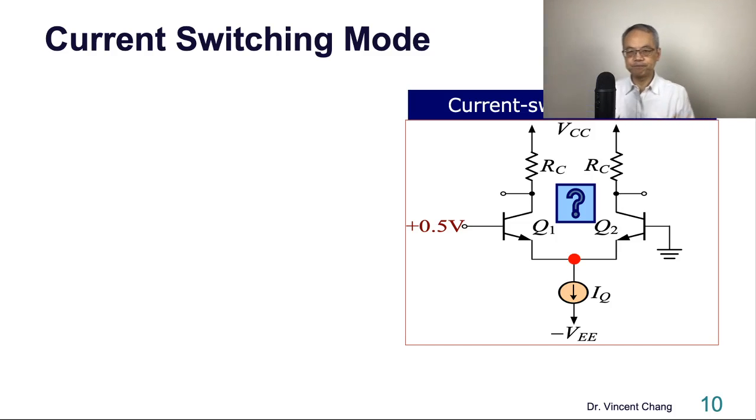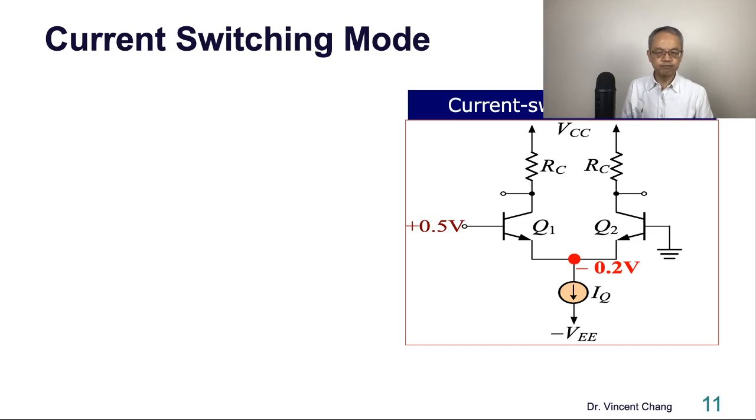What's the result? If you solve this by instinct, the common emitter goes to negative 0.2, because the input is large and it drives the left-hand side transistor. So the voltage across the emitter-base junction of the right-hand side transistor, Q2, is only 0.2. 0.2 is too small, so Q2 is off.